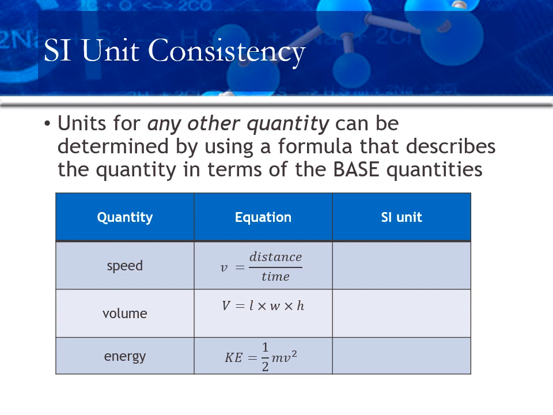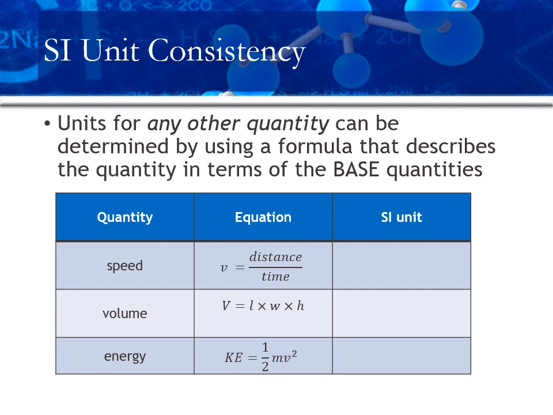Once we know the fundamental or base SI units, we can build up the one and only SI unit for absolutely any other quantity that we're interested in from its formula in terms of base quantities. So for example here, if we look at speed, we have an equation for speed as distance divided by time, and we can use that to tell us what the SI unit for this has to be.